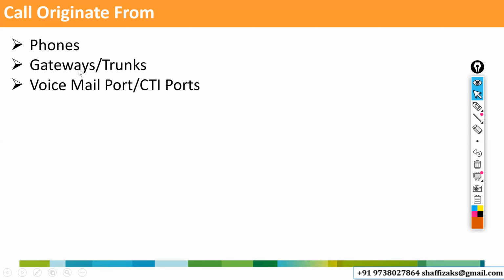Gateways means the trunk you have on the gateway, such as a SIP trunk. What is the voicemail port here? Or the CTI port, computer telephony integration port. This is my CUCM. Then I have Cisco Unity Connection, which is for the voicemail system.